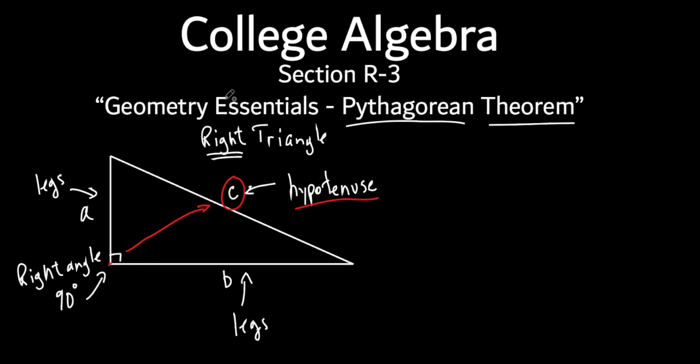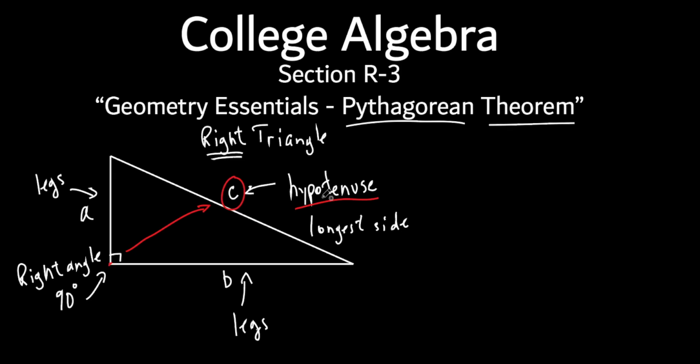You got it? There's something unique about the hypotenuse on a right triangle. It's always the longest side. You didn't know that? Okay, the hypotenuse is always the longest side of a right triangle. Now, you can only have a hypotenuse when you have a right triangle. Why is that?